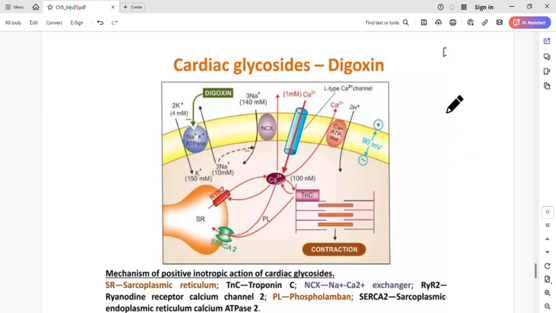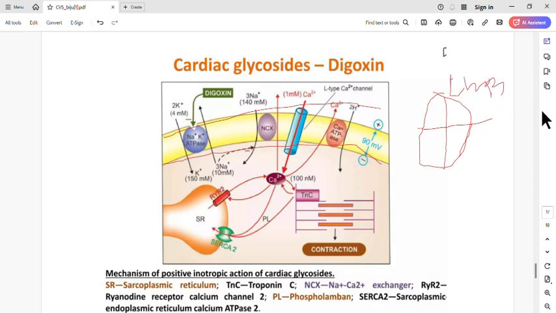This is our heart, and this is the wall of the heart. The L-type calcium channel is present in the wall of the heart, right?